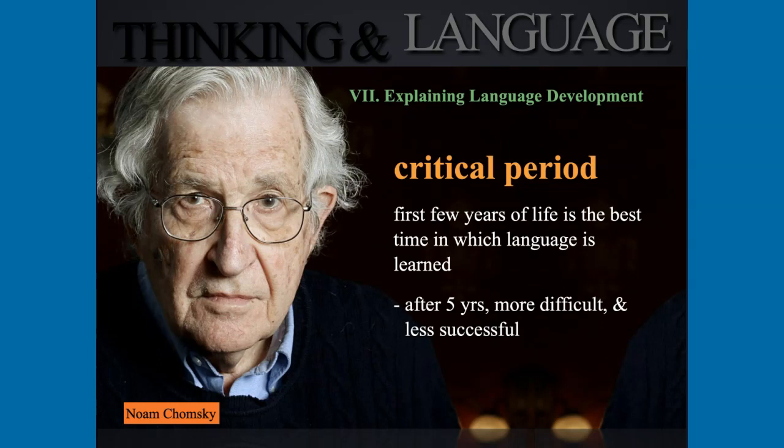And so she was not able to speak any words when they found her and rescued her at the age of 13. And despite the intensive instruction and therapy that she went through later on throughout her life, while she was able to develop some language, she could never master the complexities of true language acquisition.